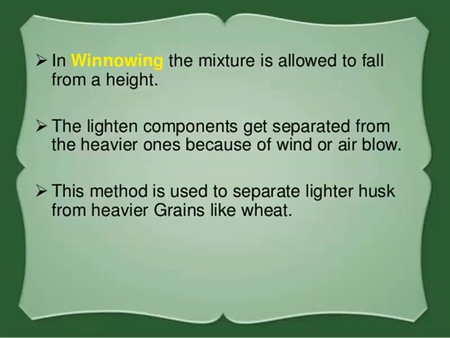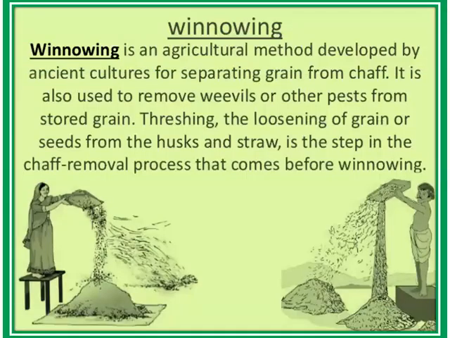The lighter components get separated from the heavier ones because of wind or air blow. This method is used to separate lighter husks from heavier grains like wheat, rice, etc. Winnowing as well as threshing is involved in the agricultural method developed by ancient cultures for separating grain.